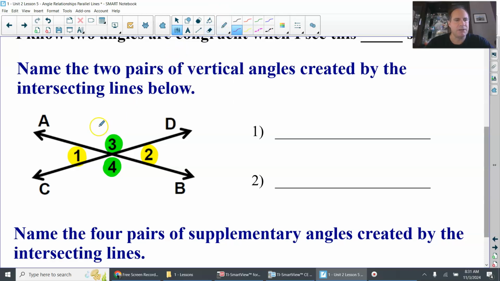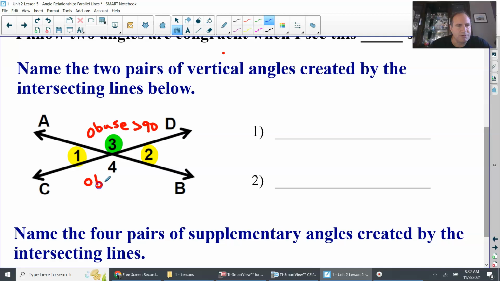They are congruent. Remember, this right here is an obtuse angle. Obtuse angles are equal, an obtuse angle and another obtuse angle that are across from each other. So this one is obtuse. Obtuse is greater than 90. This also is obtuse. It is greater than 90.